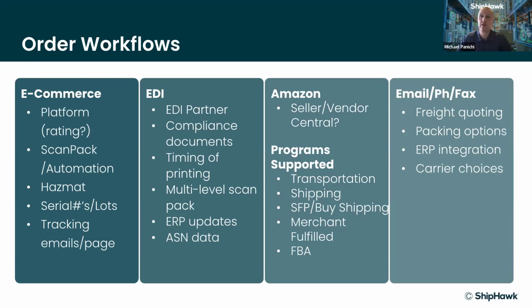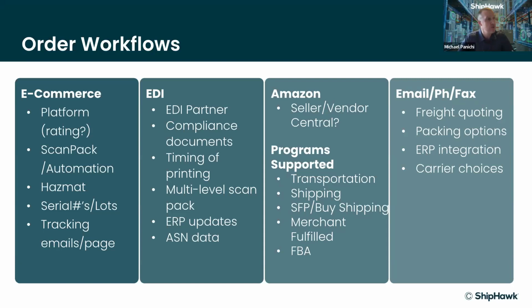Because, hey, this is 2024. People want to know how much shipping is going to be. So, for ShipHawk, for example, we can provide those rating tools into the e-commerce platform. So what you have to stop and think is, okay, I require rating up front on the e-commerce website, but how does that impact things downstream?